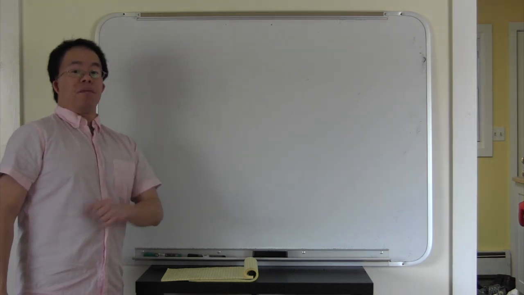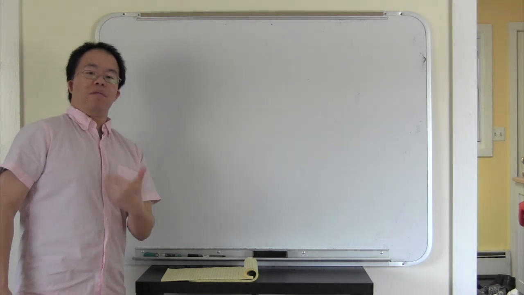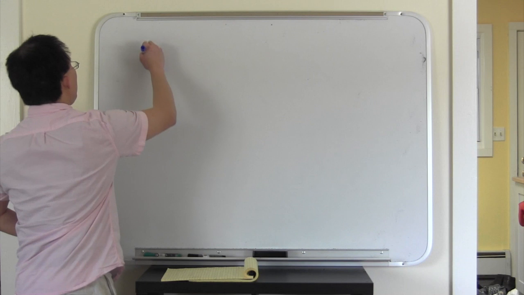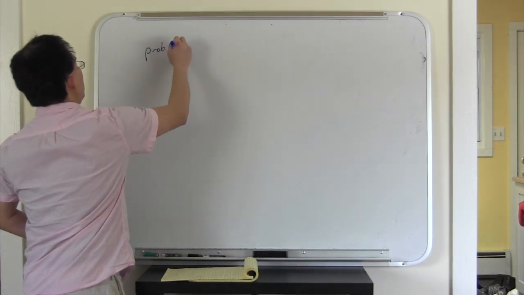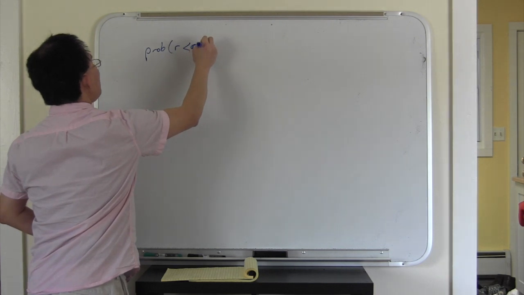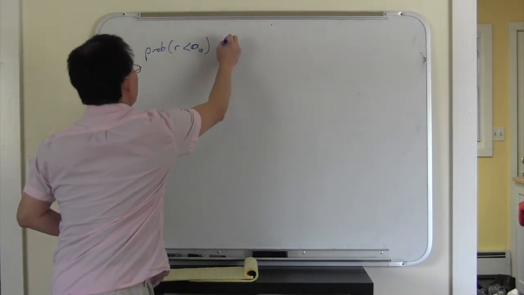Given the formula of the n equals 1, l equals 0 radial wave function I gave you, the probability of finding my particle at a radius smaller than the Bohr radius is given by the following integral.